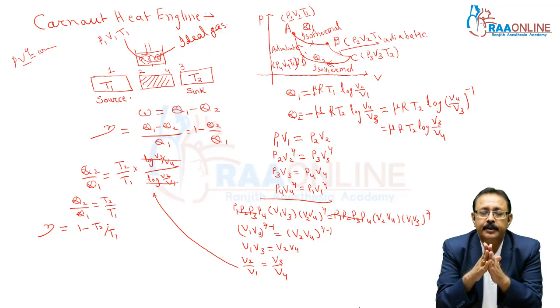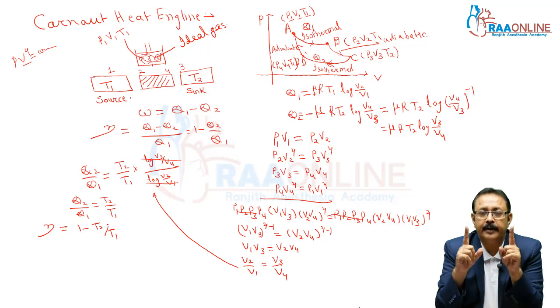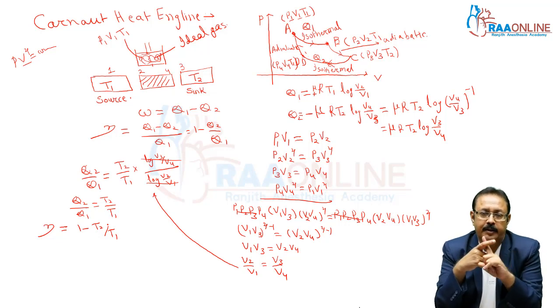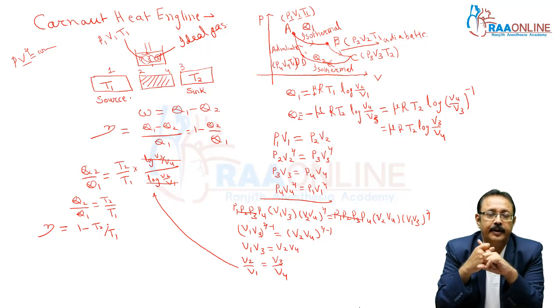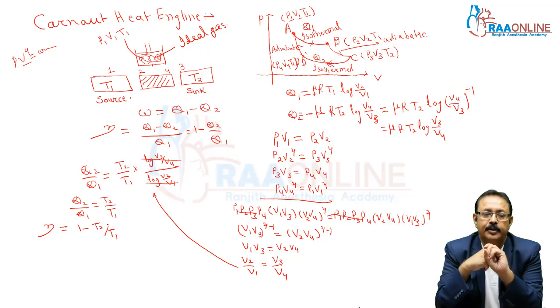So any heat engine in practice which is working with temperatures T1 and T2 cannot get efficiency greater than the efficiency of the Carnot heat engine, because the Carnot heat engine is an ideal heat engine.